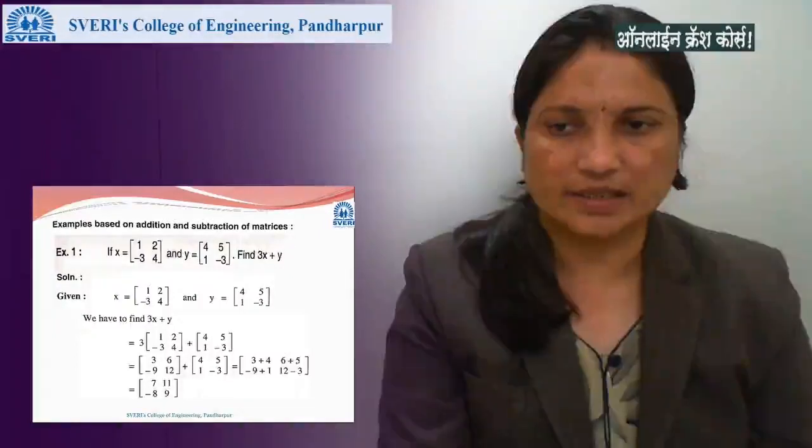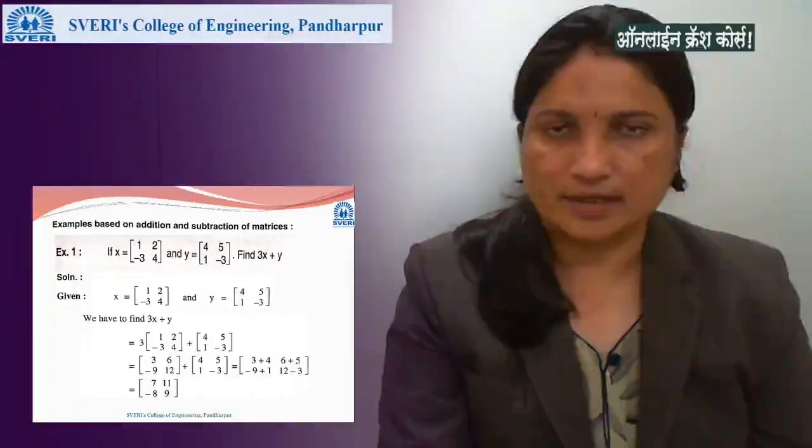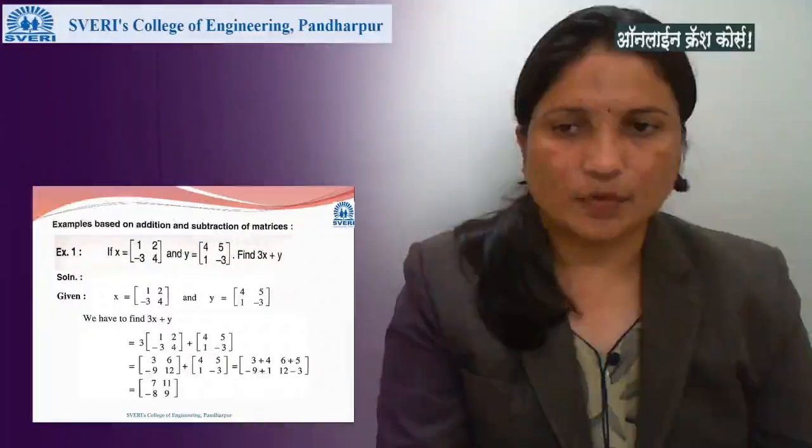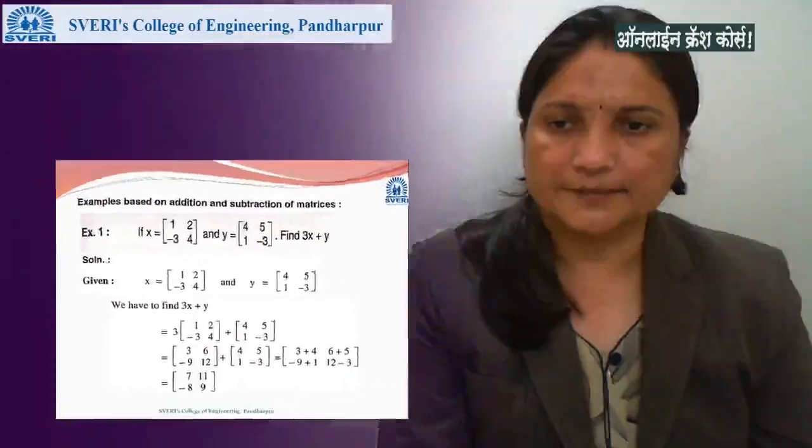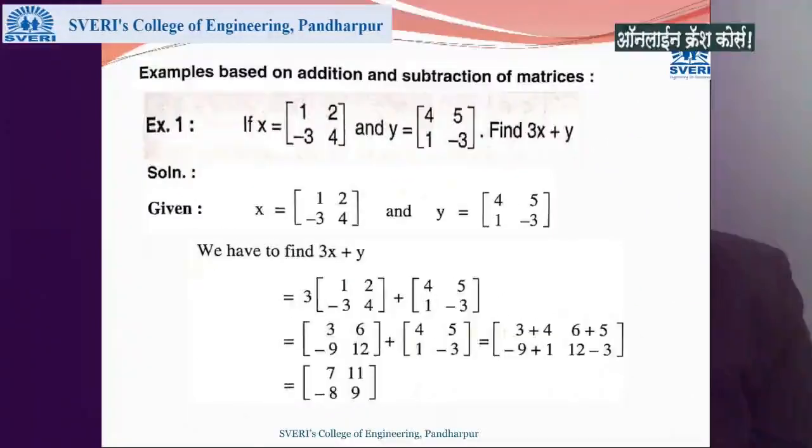First element of matrix 3x is 3, so 3 plus 4, 6 plus 5. So here we get the final answer 7, 11, minus 8, 9. So here 3x plus y is equal to 7, 11, minus 8, 9.